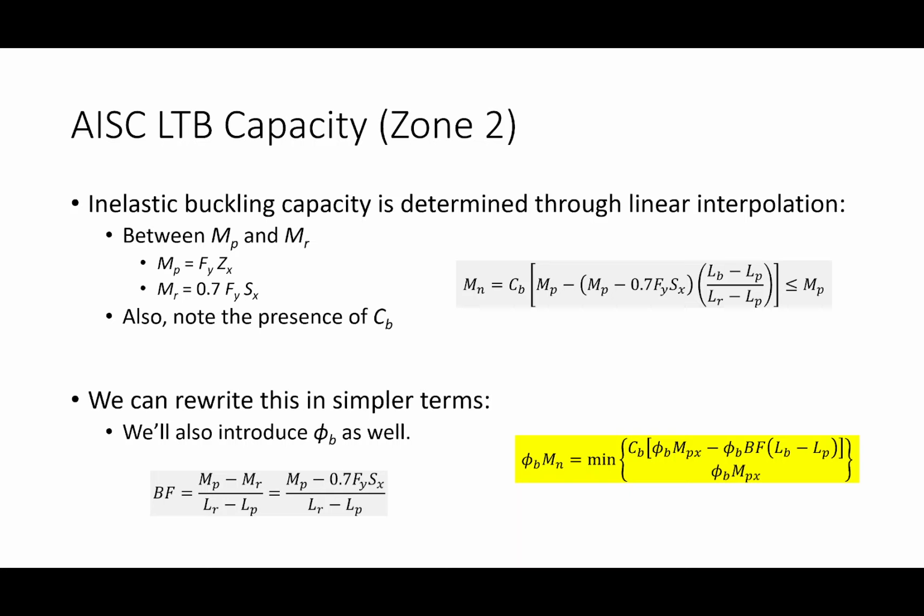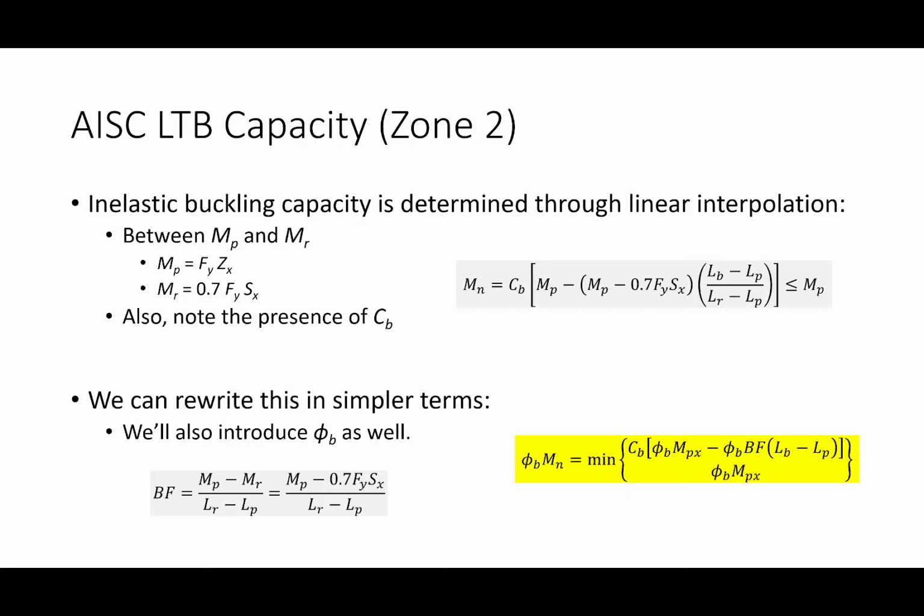So I'm taking all this hullabaloo and replacing it with BF, to make that part a little bit easier. That's step 1. Step 2, remember we started looking at expressions like this in the manual, and we said whenever you have a capacity equals a pile of junk such that it's less than or equal to another pile of junk, really what we're saying is it's the minimum of those two quantities.